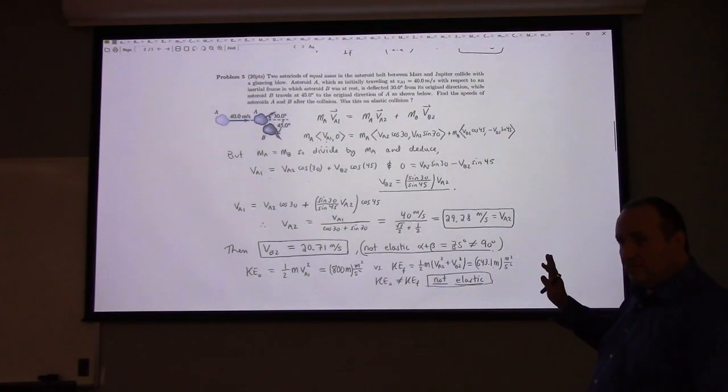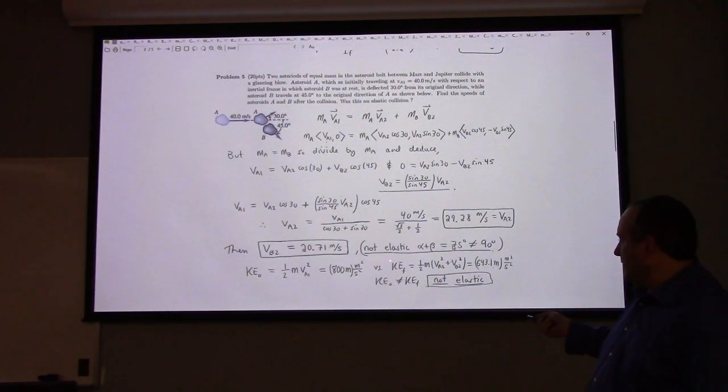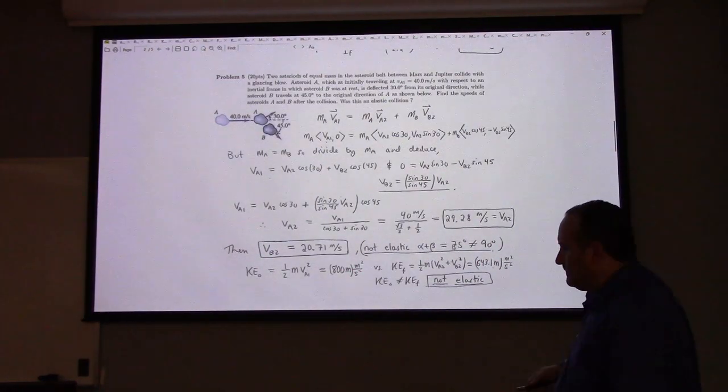We worked this out. So the fact that this works out to not 90 degrees but 75 degrees, in fact it's given at the start, means it's not elastic. Of course you can also calculate that. If you calculate the kinetic energy before and the kinetic energy after, you can see that kinetic energy is lost. This is an inelastic collision.